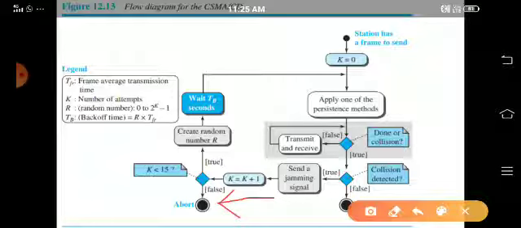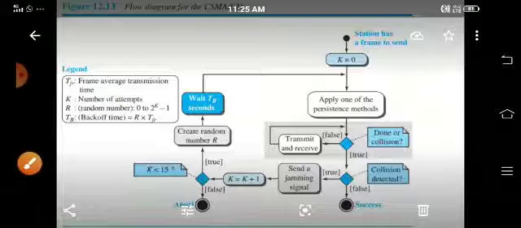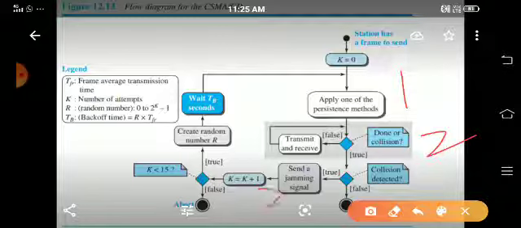K is the number of attempts; you can take 15 chances. The first difference is applying the persistence method, the second is that frames are sent bit by bit, and the third is the use of a jamming signal.